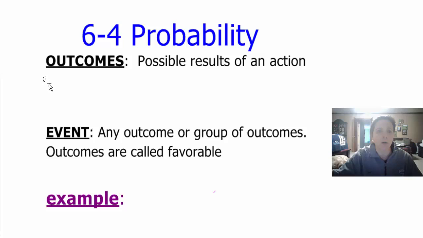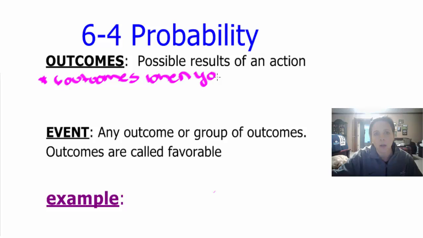For example, there are 6 outcomes when you roll one 6-sided dice. There's 6 outcomes: 1, 2, 3, 4, 5, 6. If you rolled 2 dice, there'd obviously be a lot more outcomes, which we'll eventually get to.